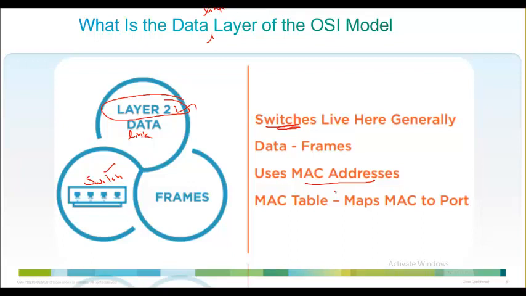The MAC address on your laptop will be unique throughout the world. No one will have your MAC address. Your MAC address is only for you. No one on earth will have the same MAC address as your laptop has got.